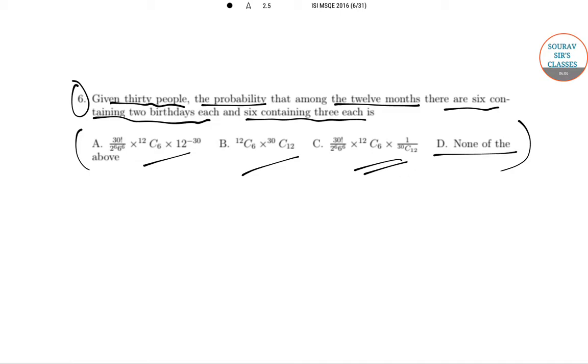So now let's find out the total possibilities. It has been given that given 30 people, the probability that among the 12 months there are 6 containing 2 birthdays each and 6 containing 3 each.